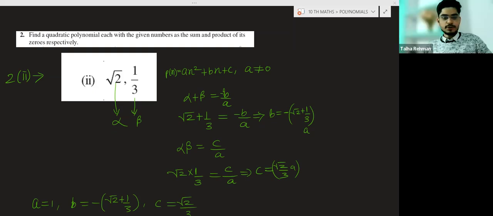In the chapter Polynomials, exercise 2.2 is there, and division algorithm for polynomials is deleted. You can check, exercise 2.3 is deleted.